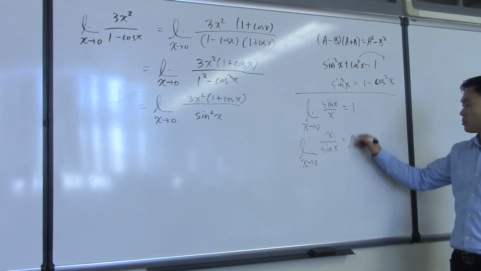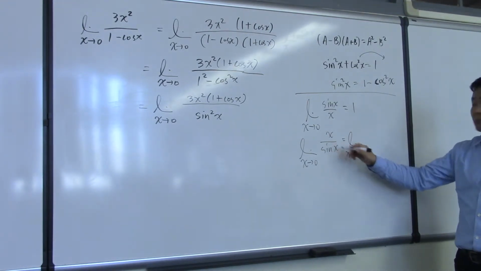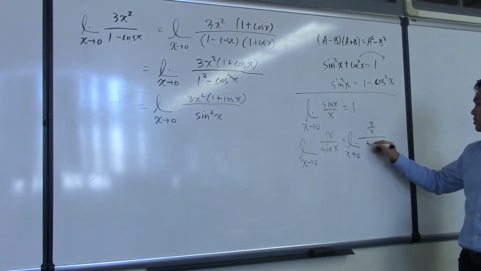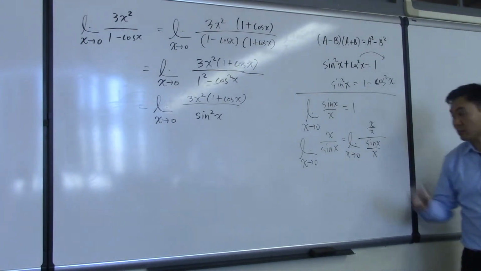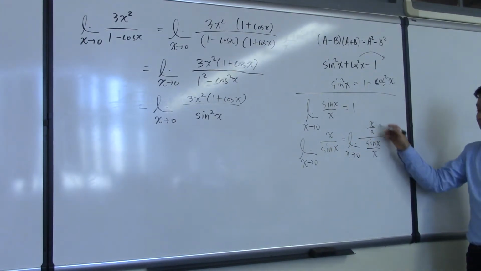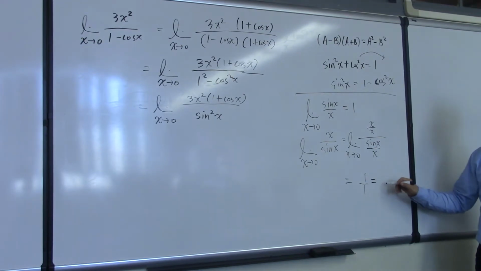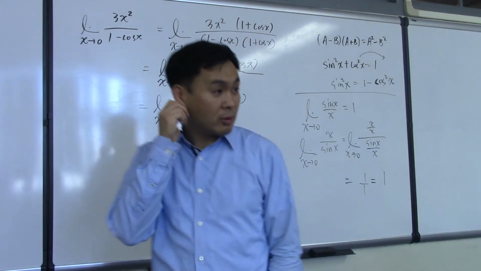Well, you can divide top and bottom by x, right? So if I do x over x, sine x over x, you divide the top by x, divide the bottom by x. What's the top? 1. What's the bottom? 1. They both converge to 1, so what's the limit? 1. Okay? So the reciprocal is always 1 as well?